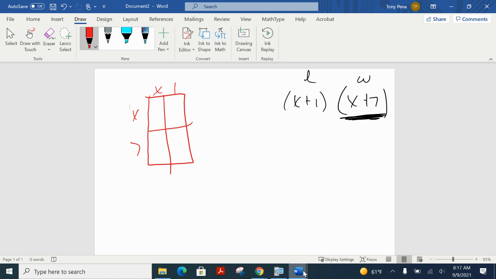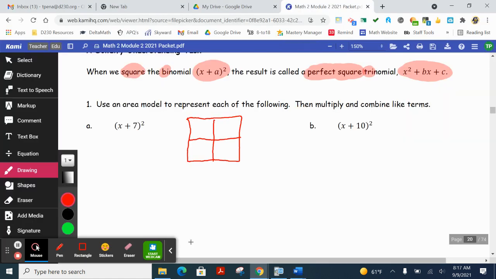Well, if these are the same, so if I now go back to this, wouldn't this just be x plus 7 times x plus 7? So both of these would be identical. If that's an x and a 7, and this is an x and a 7, this is now truly a square. We have the same length as we do our width. All right, that is why when we eventually do this, we're talking about a perfect square because the length and the width are the same, okay?